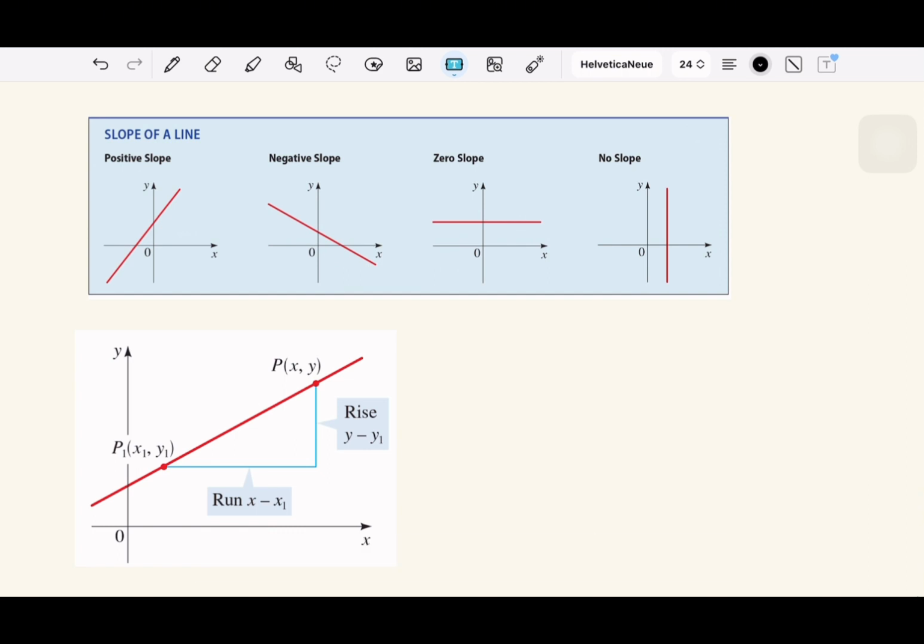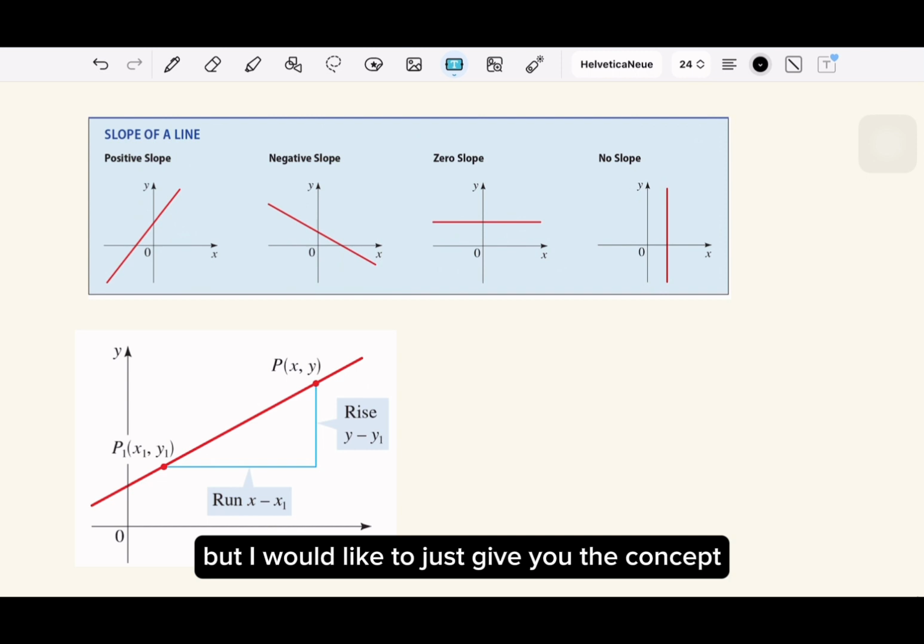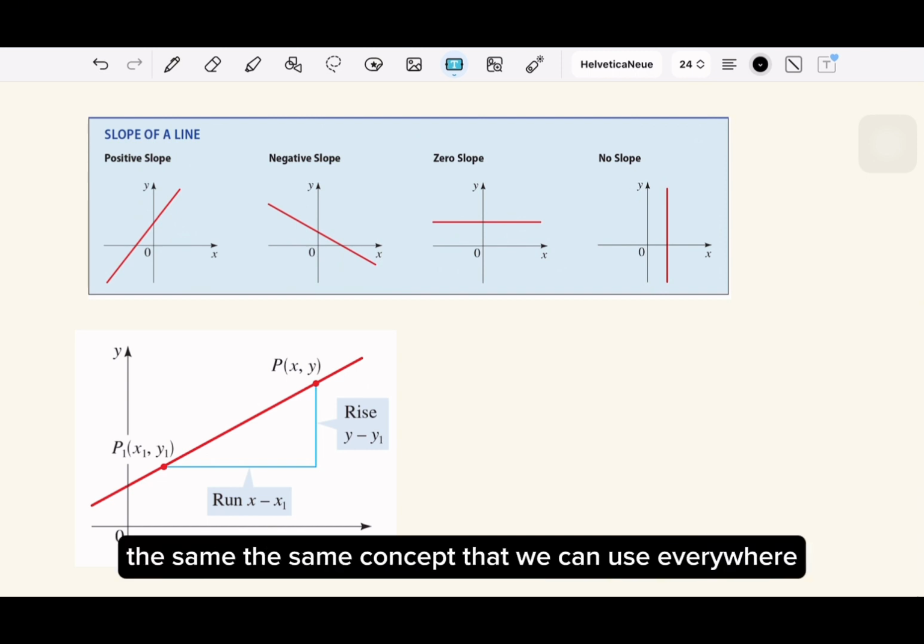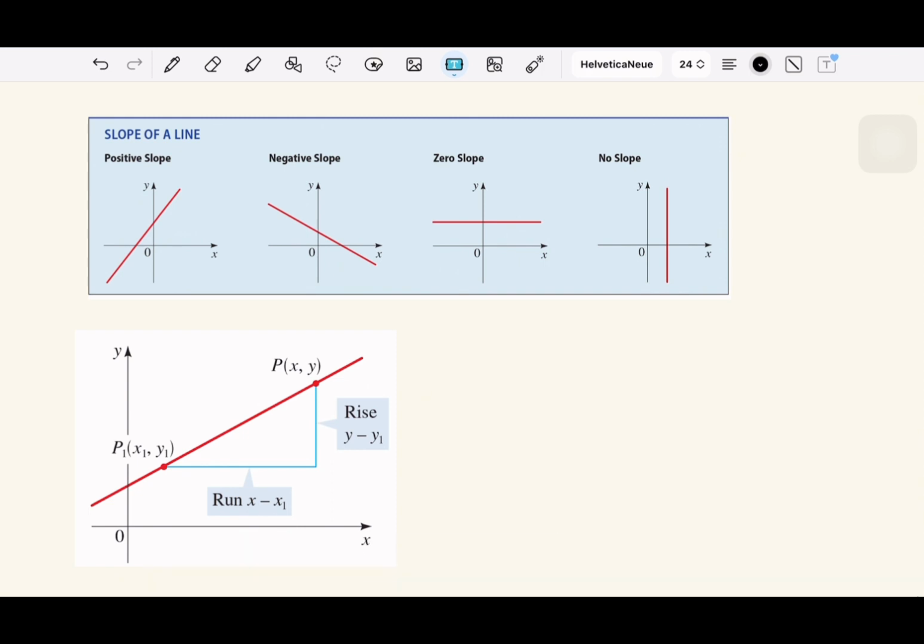But I would like to give you the concept within trigonometry, which is the same concept that we can use everywhere whenever we see a linear equation, and we can say, okay, I know the slope directly from the ratio with all this triangles concept.